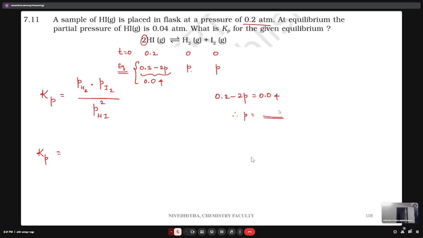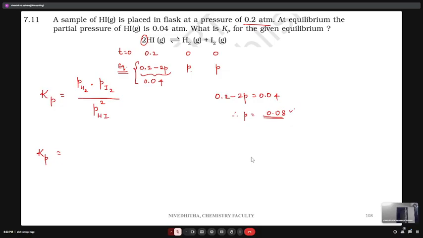Could you please tell me the value of small p? 0.08, ma'am. Yes. So value of small p is 0.08.